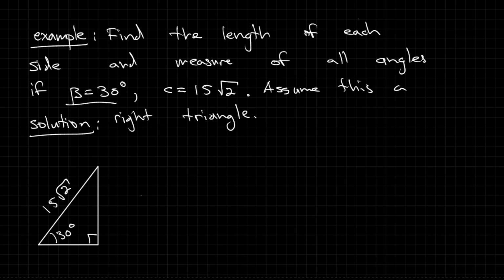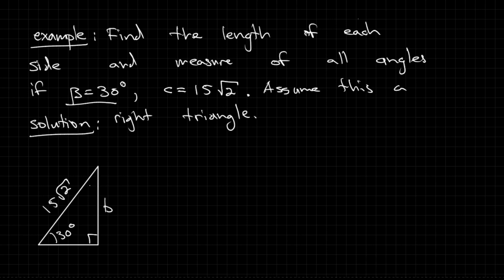Now, you could actually label the angle that I labeled 30 degrees, or you could label this upper right-hand corner 30 degrees. I'm going to label the lower left-hand corner 30 degrees, and if you do that, then that will make the length of this side here b, because b needs to be opposite to the angle beta.